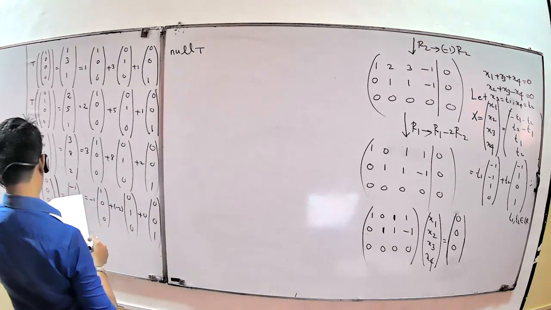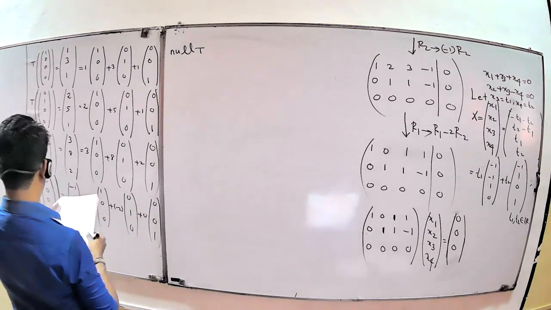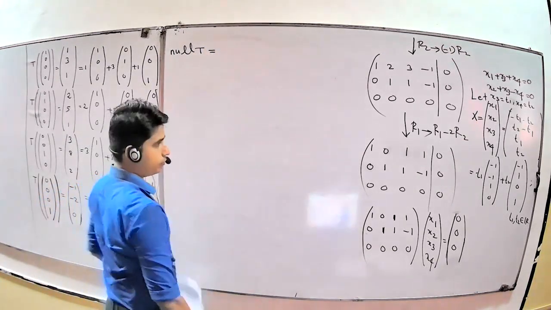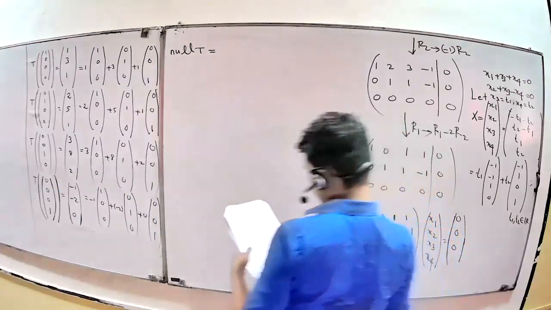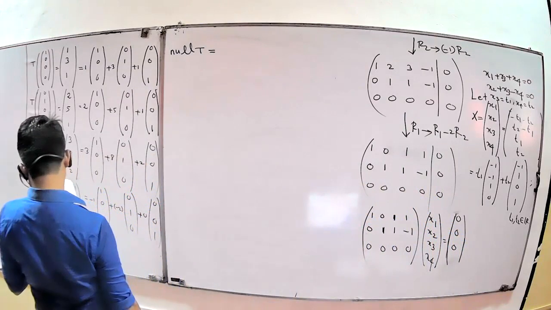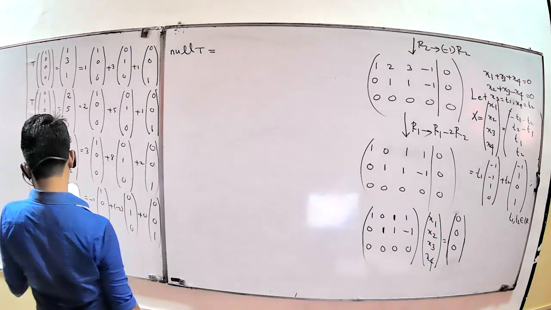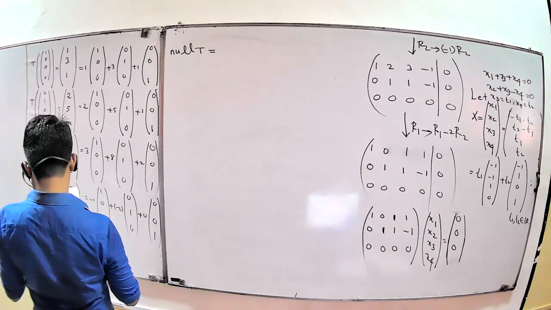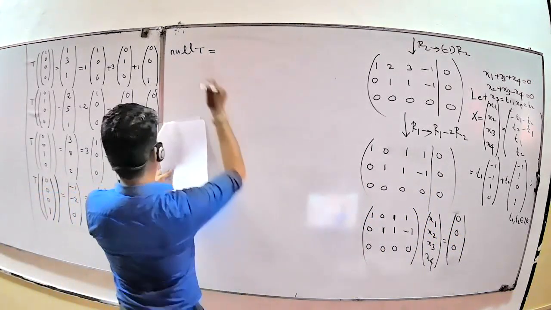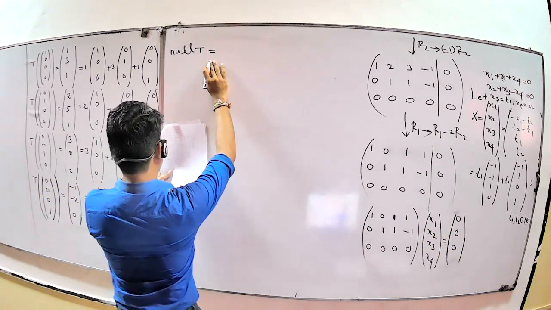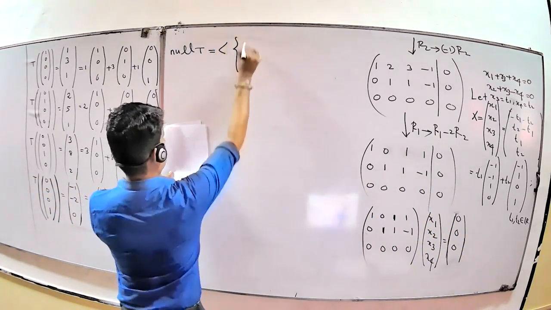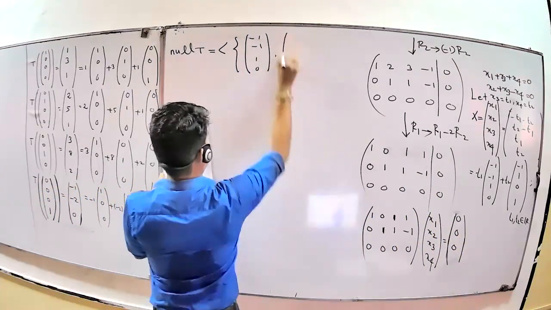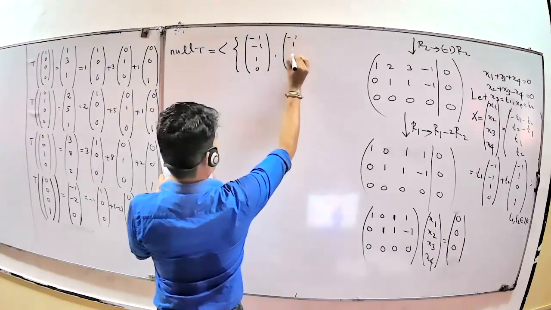They ask the question, find a basis for the null space of T. For null T, your basis is both of these vectors: minus 1, minus 1, 1, 0, and minus 1, 1, 0, 1.